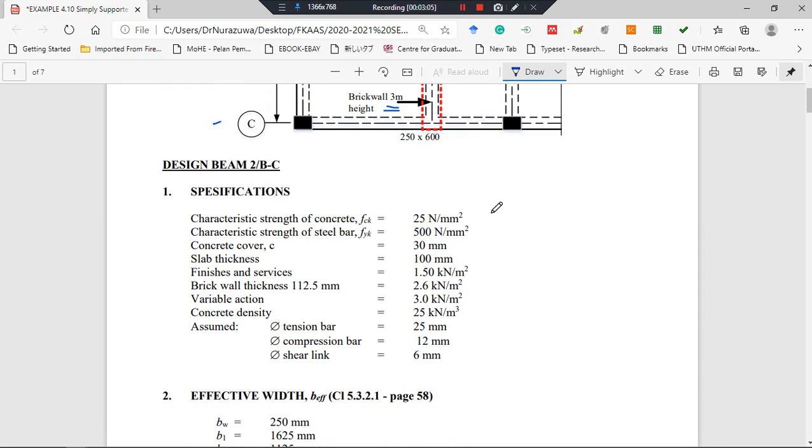The characteristic strength of concrete is 25 megapascal. The characteristic strength of the steel bar is 500 megapascal. The concrete cover is 30 millimeter.